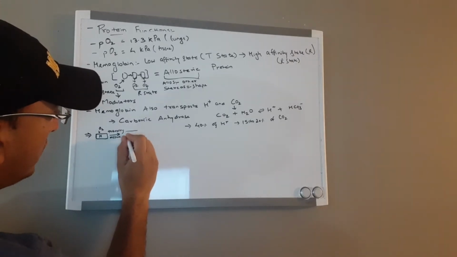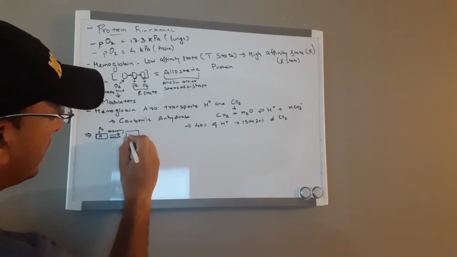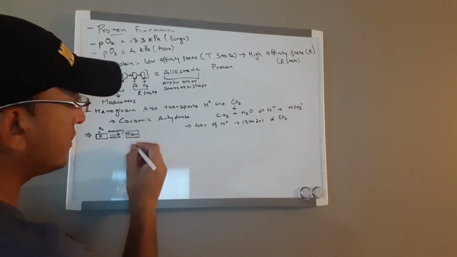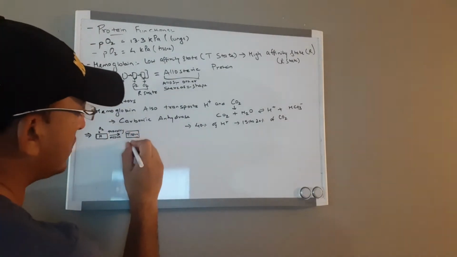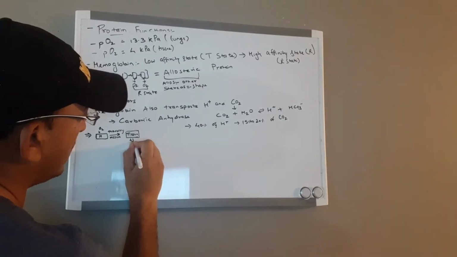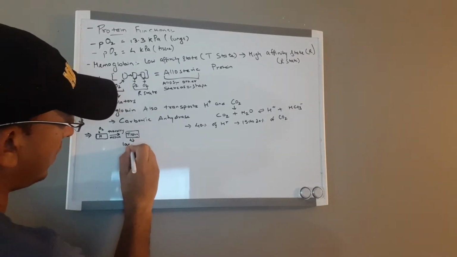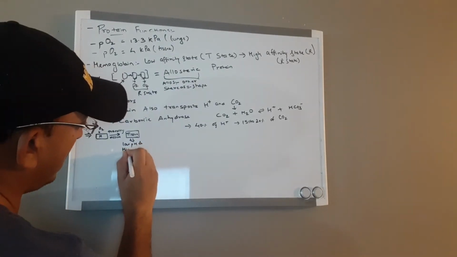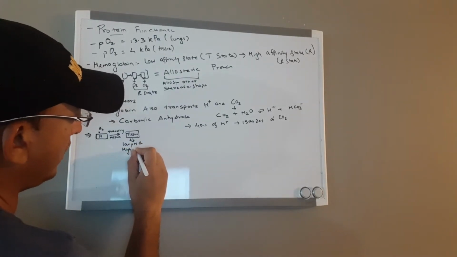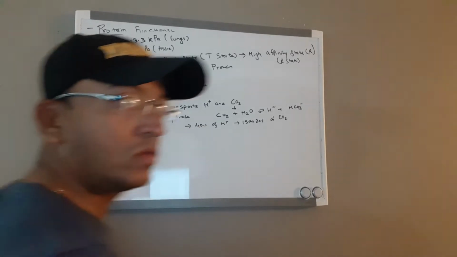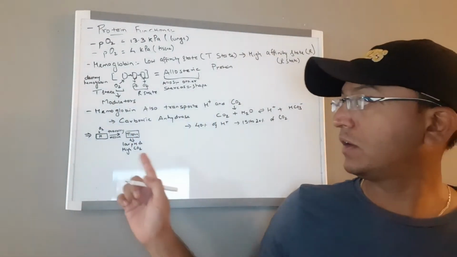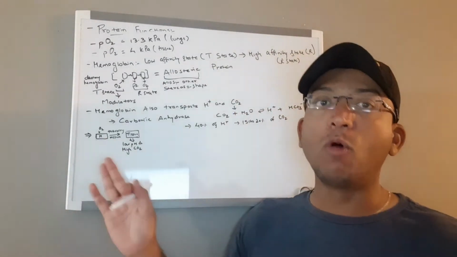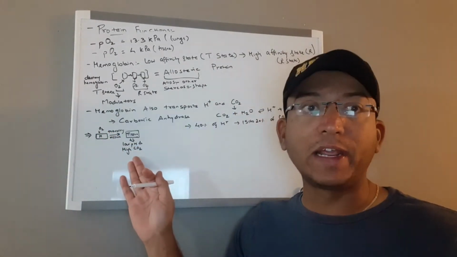This tissue has low pH and high carbon dioxide concentration. So the affinity of hemoglobin for oxygen will decrease.